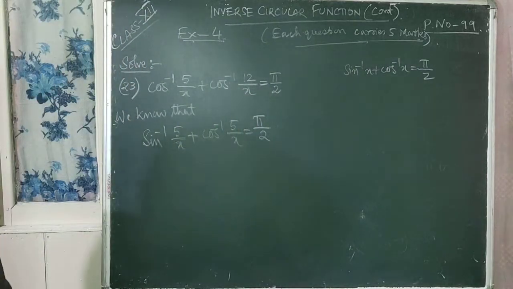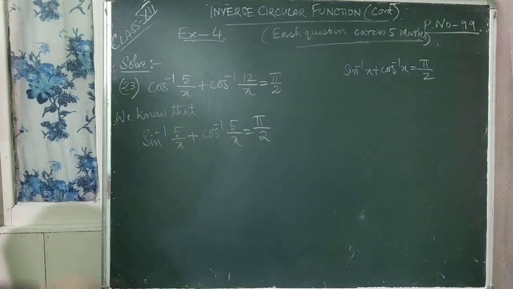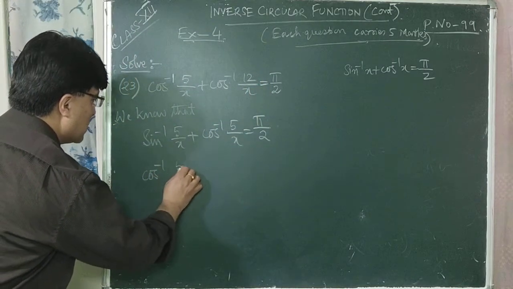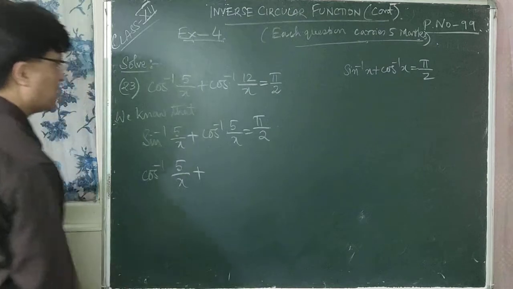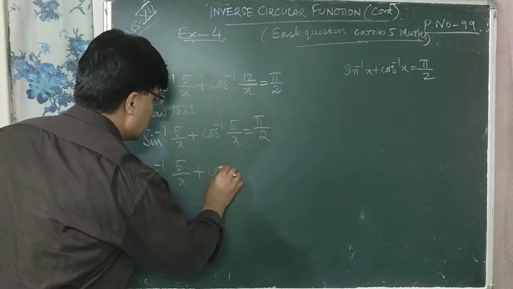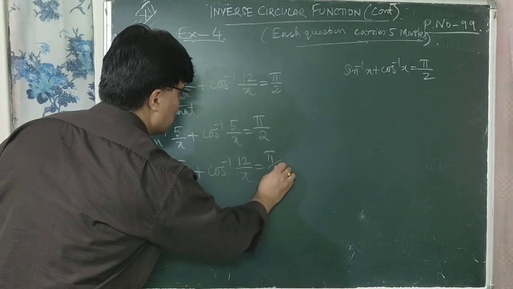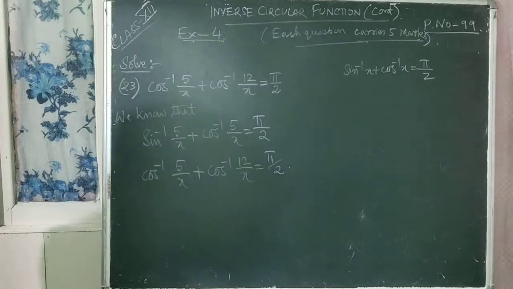We know this relation, isn't it? This is the formula. So let us write down the given equation again. That is cos inverse 5 by x plus cos inverse 12 by x is equal to pi by 2, right?